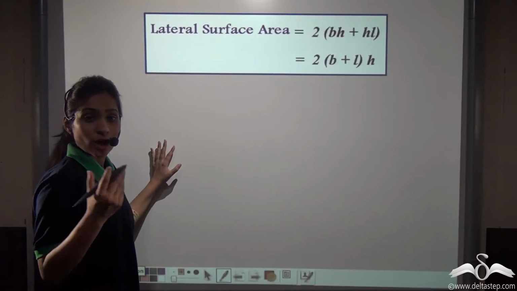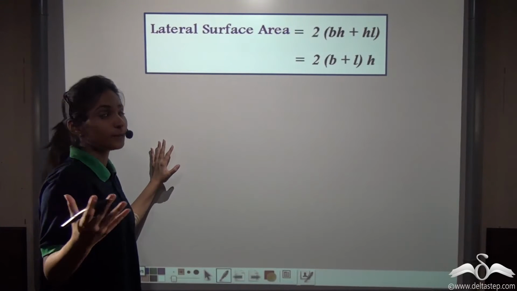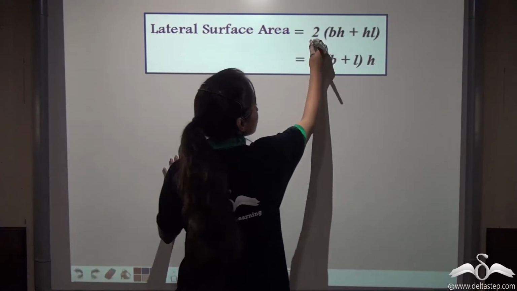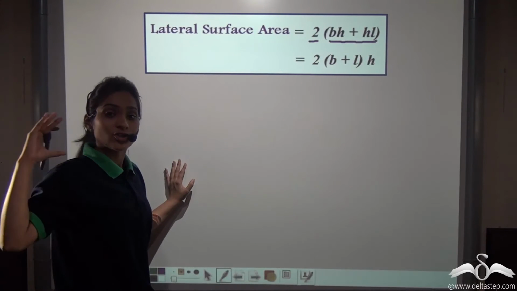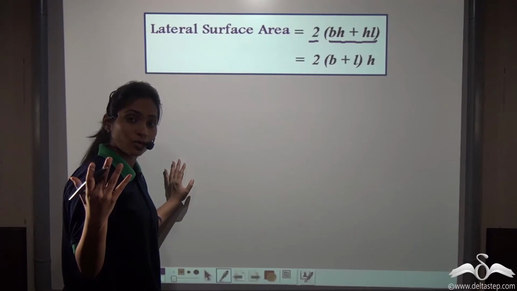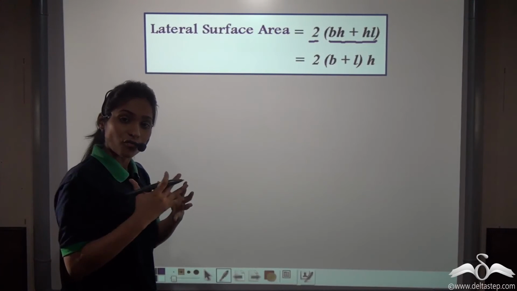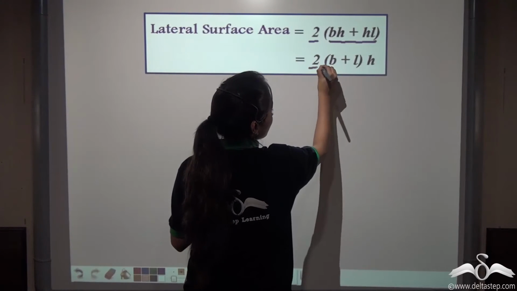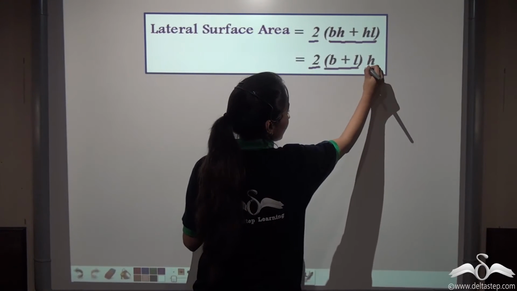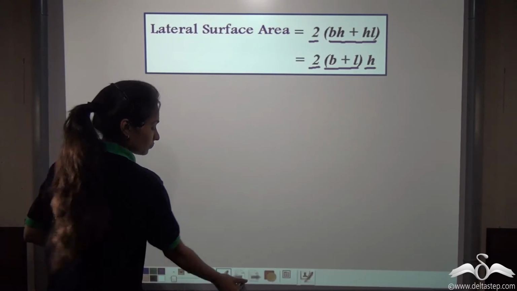So now you know how to calculate lateral surface area of a cuboid. The lateral surface area of a cuboid is 2(B plus L)H. This is actually the area of 4 walls of a room or the 4 sides of a cuboid. Now taking H common, we get 2 brackets B plus L into H.